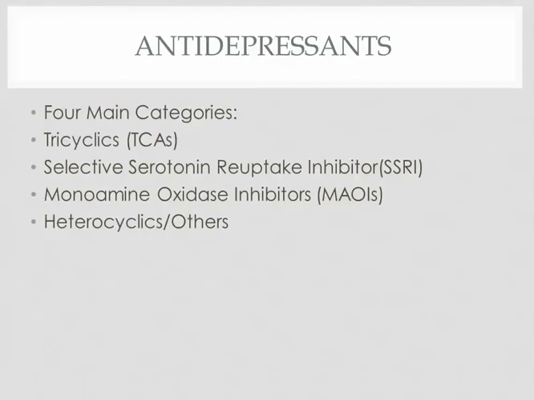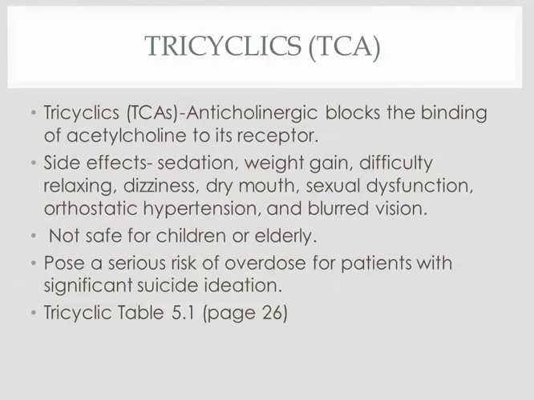There are four main categories of antidepressants: tricyclics or TCAs, selective serotonin reuptake inhibitors or SSRIs, monoamine oxidase inhibitors, and heterocyclics. Tricyclics are the oldest antidepressant.